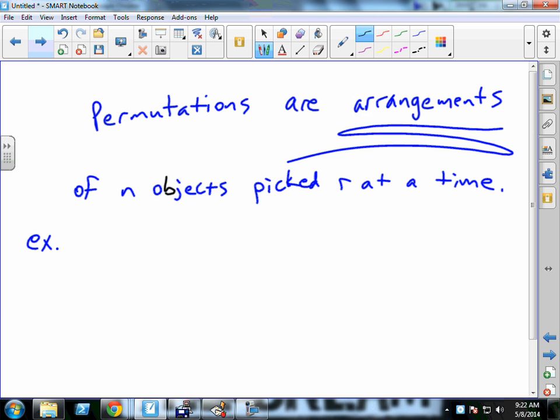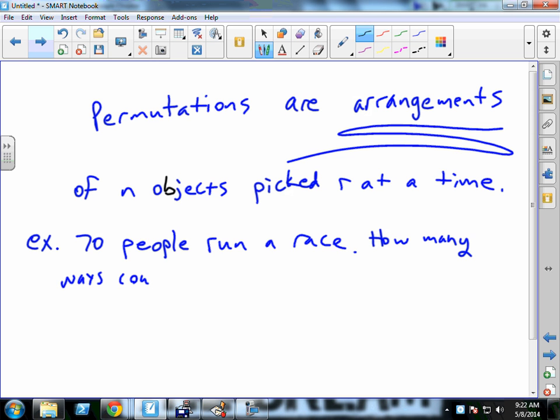Example: 70 people run a race. How many ways could the top 3 be picked?